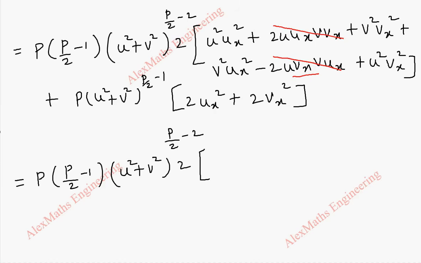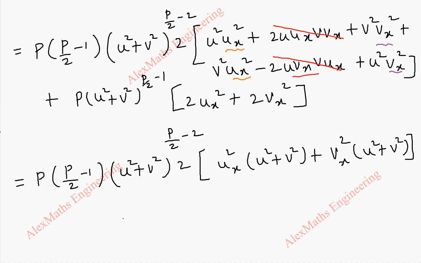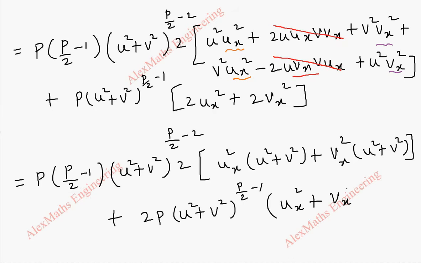From here we can take ux square common. So this will be ux square, when it is taken common we get u square plus v square. Again from these two terms, when I take vx square common, the remaining will be u square plus v square. And the last term we can take 2 common, so 2p into u square plus v square whole power p by 2 minus 1 into ux square plus vx square.